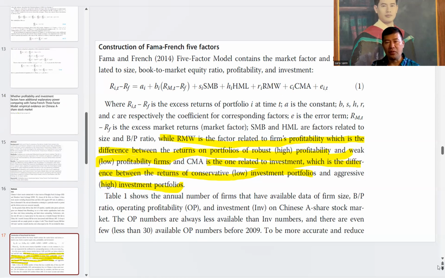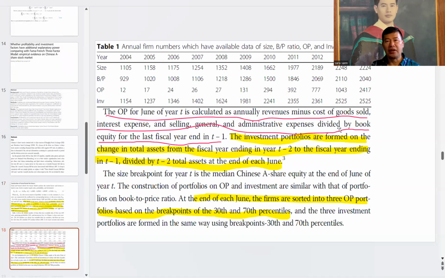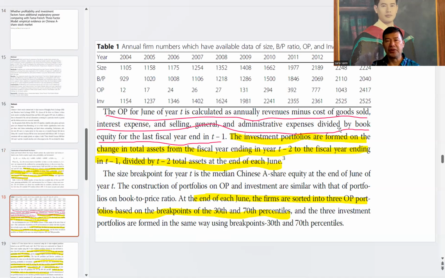So now let's go one by one to the result, how the author formed the portfolio. You can see the author formed the portfolio from 2004 to 2014. How did they form the portfolio on size? In 2004, they got 1,105 stocks for size. For BP, book-to-market value, in year 2004, they got 929 stocks.